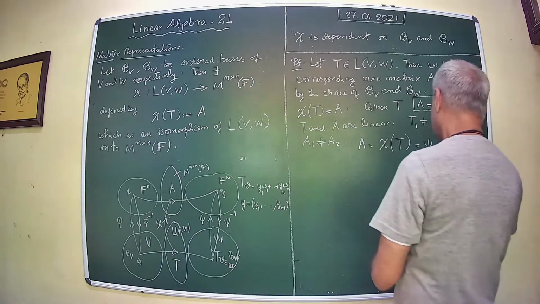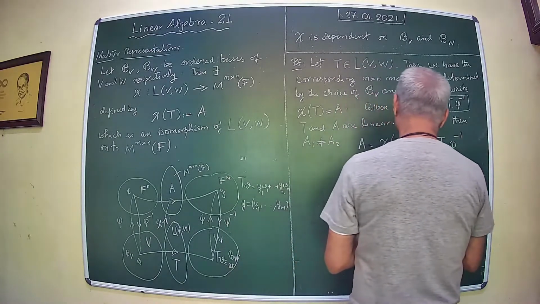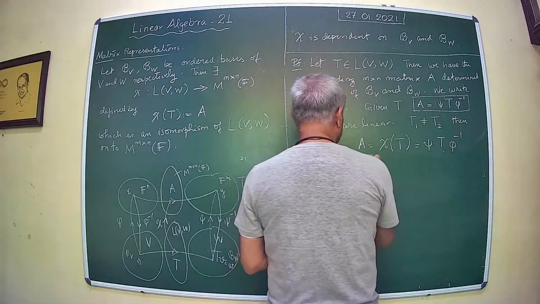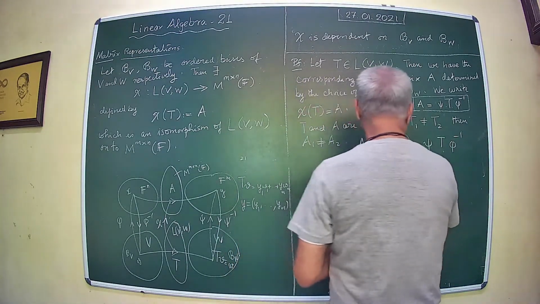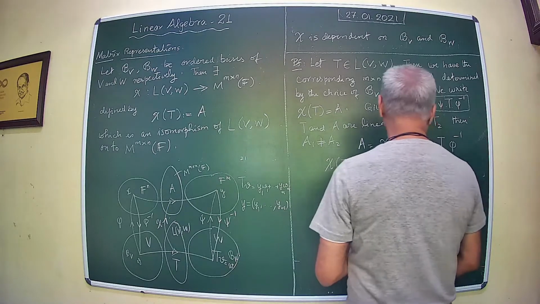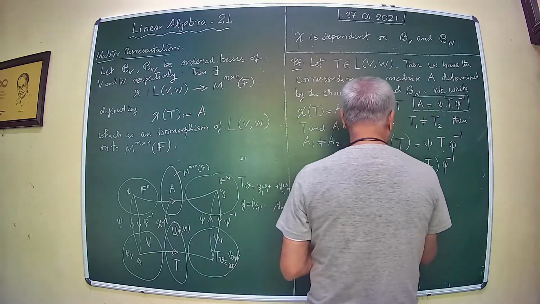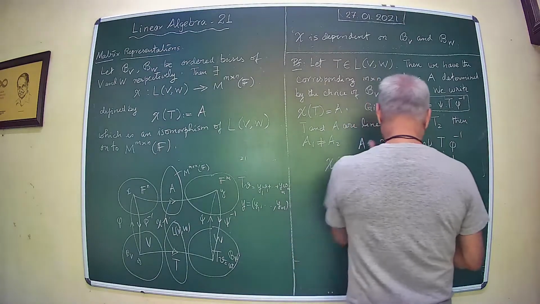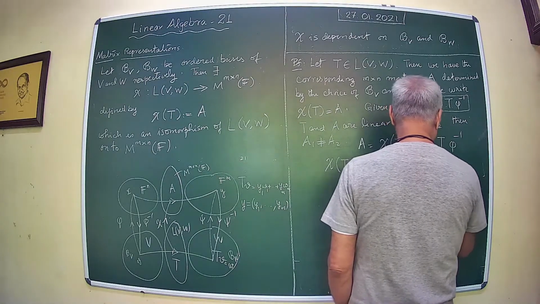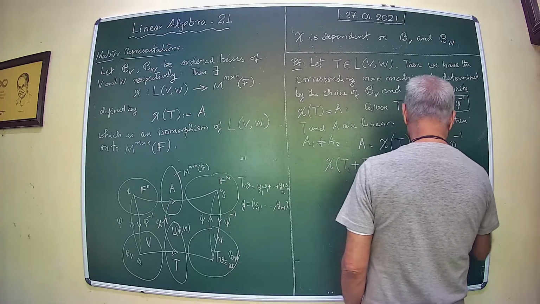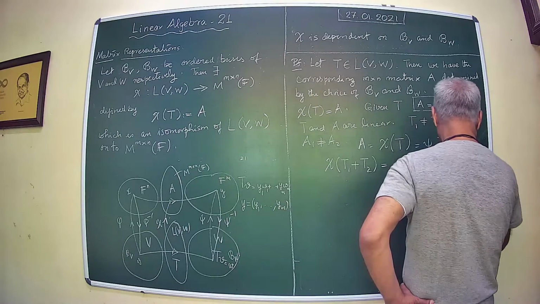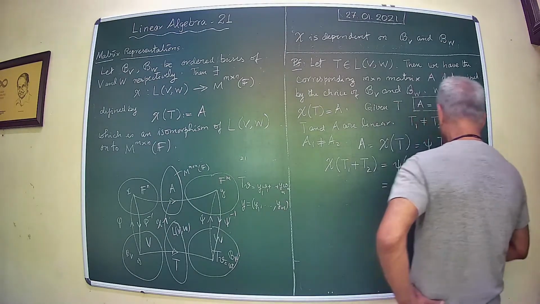Now we observe that chi of T1 plus T2 is equal to psi of phi inverse, and this is equal to psi of phi inverse.